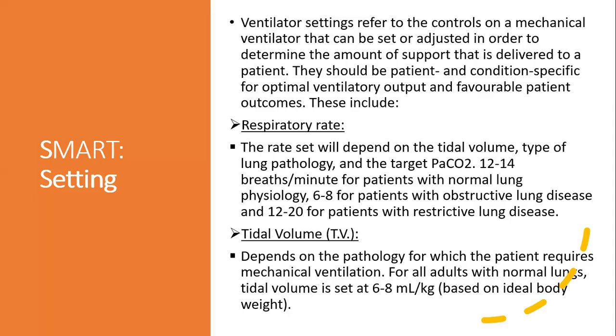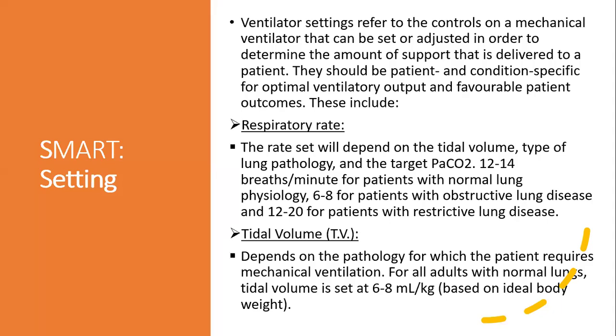For patients with obstructive lung disease, like your asthmatic patient that we saw earlier on, you want to give a lower respiratory rate, maybe 6 to 8, to prevent air trapping. And for patients with restrictive lung disease, like lung fibrosis, you want to give a higher rate.